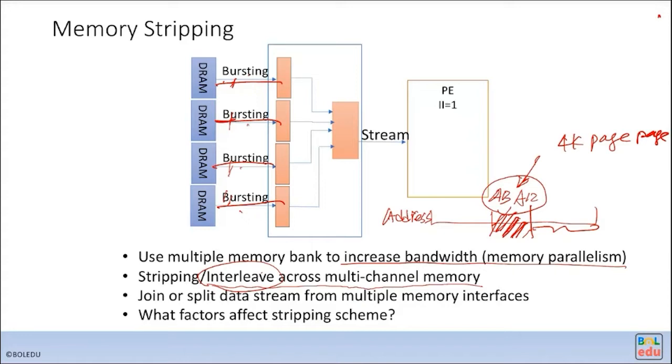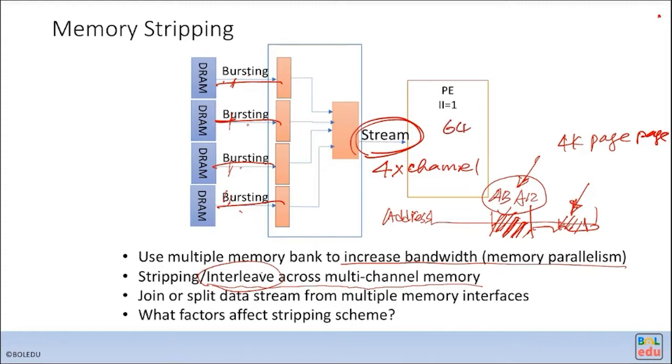But another thing is you really want to increase the throughput. Let's say the streaming needs 4 times the memory channel throughput. In this case, you will use the lower address as the interleave. Let's just take an example.